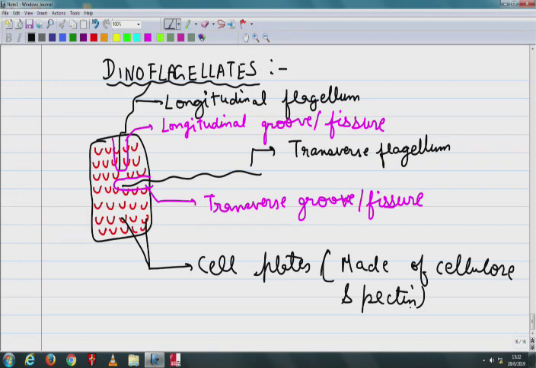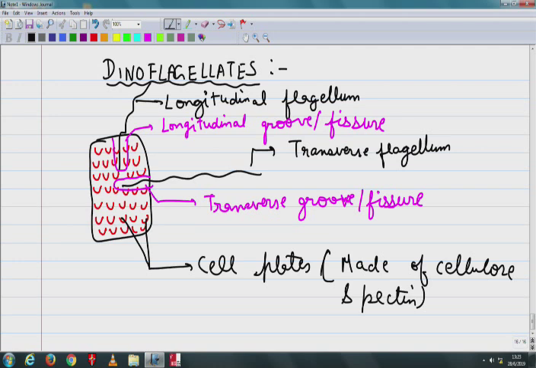Now, I'll not give you any written notes on dinoflagellates because let's start it from the next one. I'll explain what these do. Everybody knows what fireflies are.